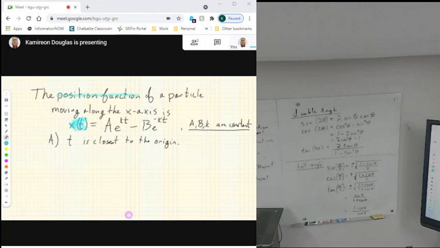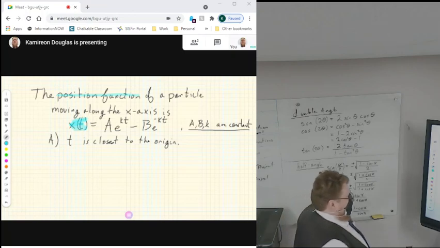If I plug in t is 0, that would be the position at time 0. What if I plug in t is 2? Position at time 2. What if I plug in t is 5? It's the position at time 5. This will always tell me the position.